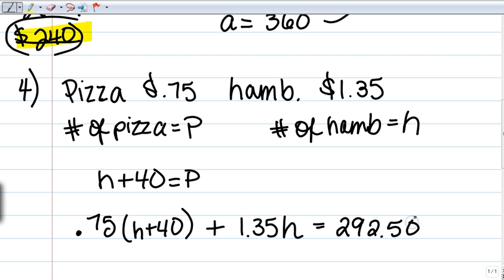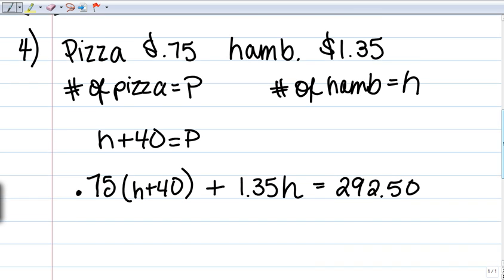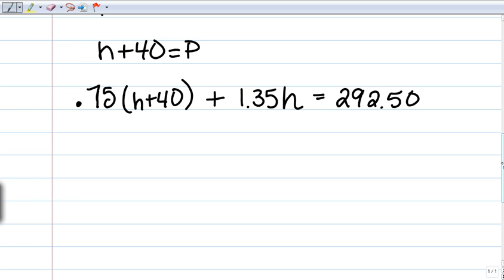So one more time, I tried to keep the same variables, so I know that H was the number of hamburgers, and so I would multiply how many hamburgers we sold by $1.35 each. And then I know that there were 40 more slices of pizza sold, so I have H plus 40 times the 75 cents.